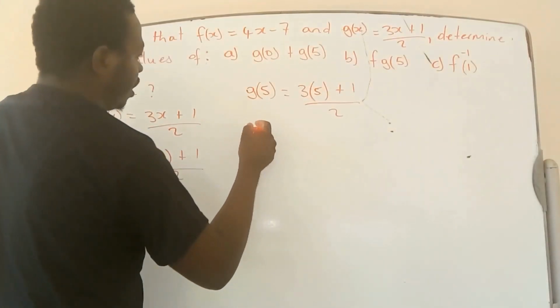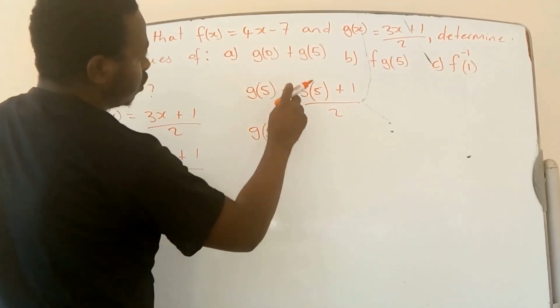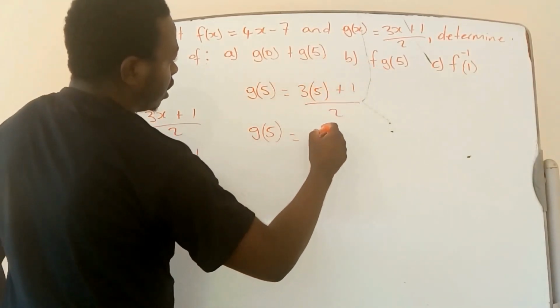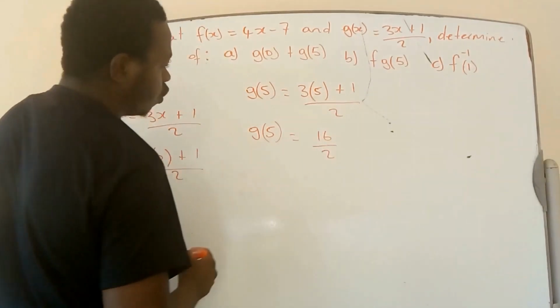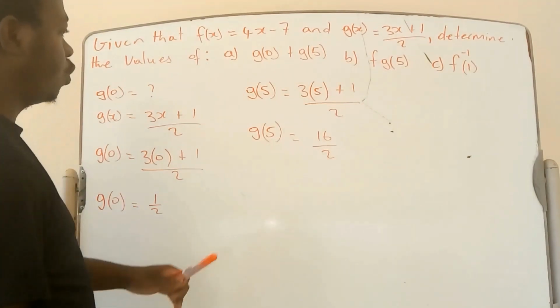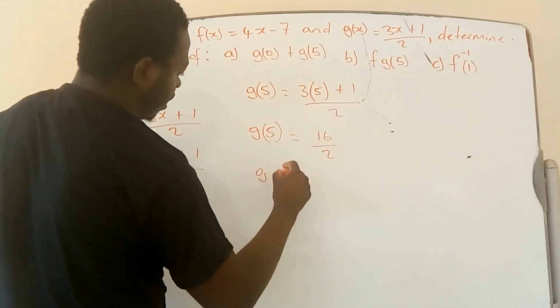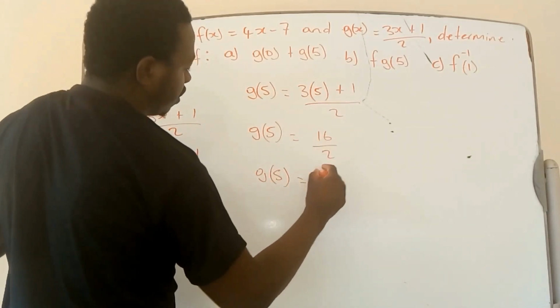Therefore, g of 5 is equal to 3 5s, that is 15, 15 plus 1, that is just 16 over 2, right? So now, 16 over 2, g of 5 is equal to 16 over 2, that's just 8, right?